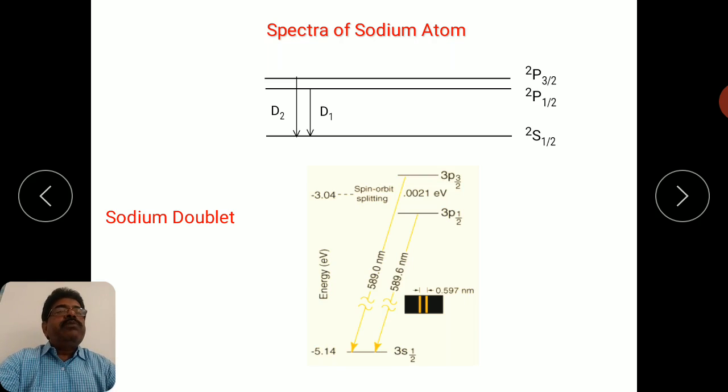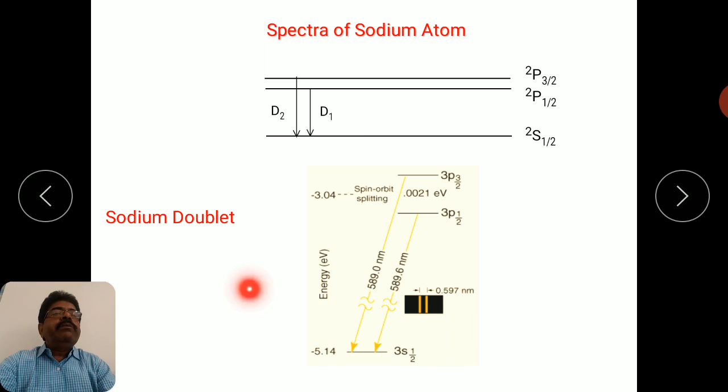So you can see in this particular diagram the 3p 3/2 and 3p 1/2 levels, and the downward transition to the ground state, doublet S 1/2, 3s 1/2.